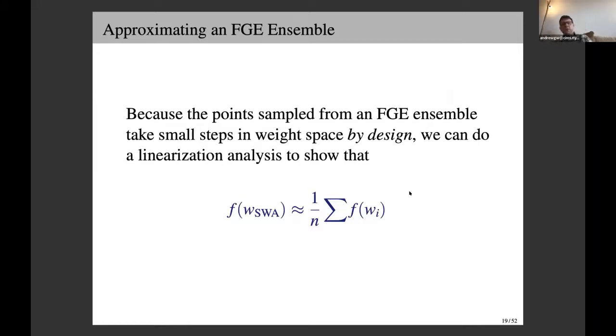We can understand also the success of this procedure in relation to the ensembling that we were doing before. If we take very, very small steps in parameter space, as we were doing with these high frequency cyclical learning rate schedules, we can do a linearization and show that averaging the functions is actually going to be an approximation to averaging the weights and using the function with those average weights.